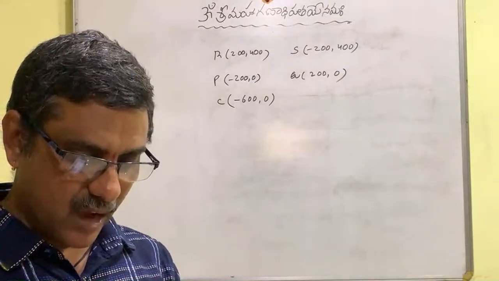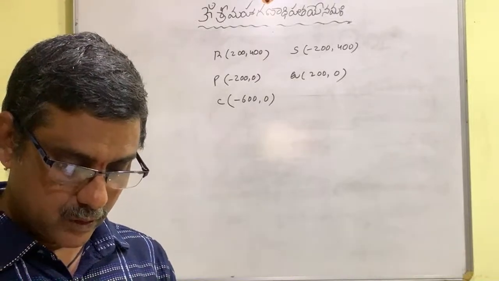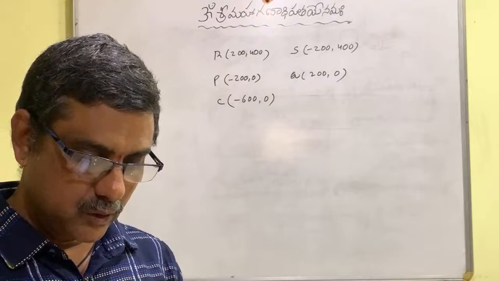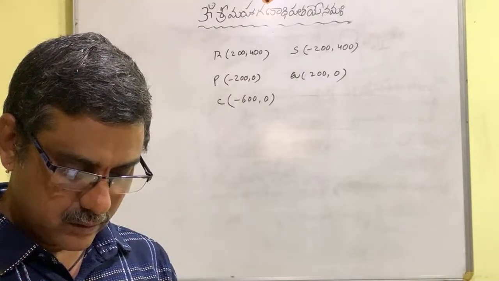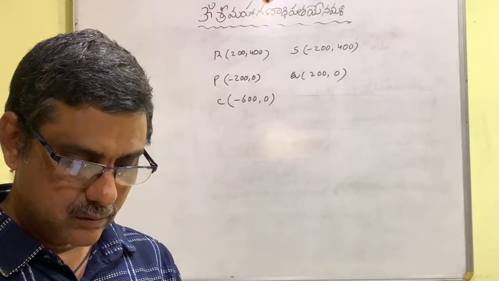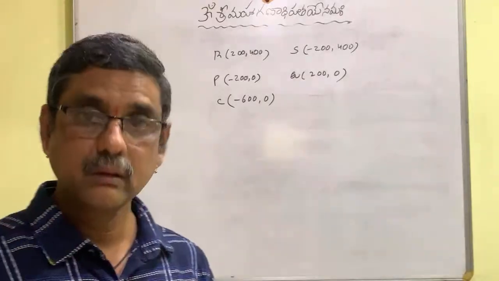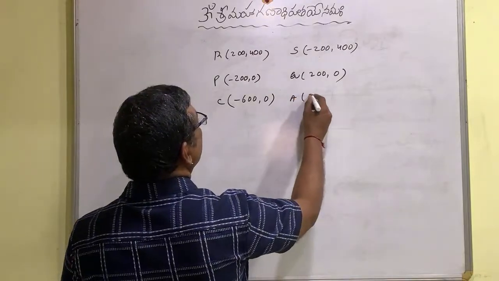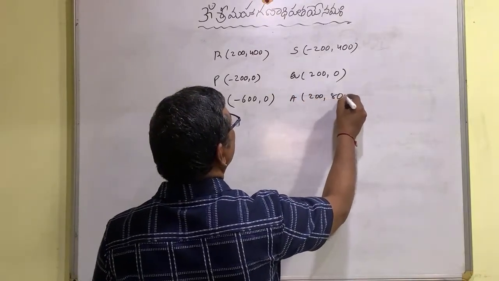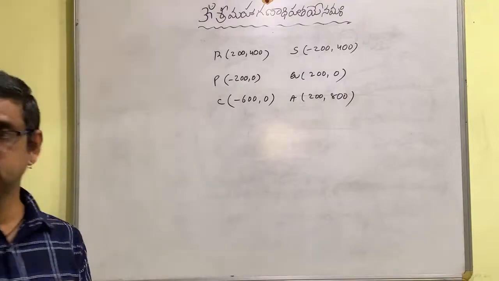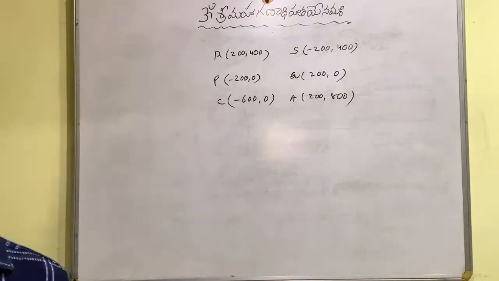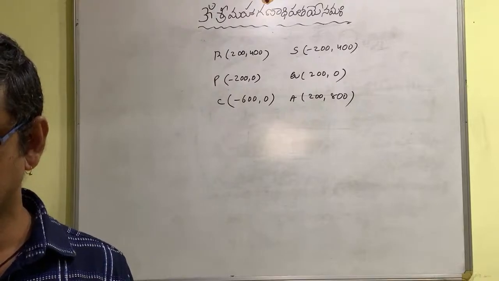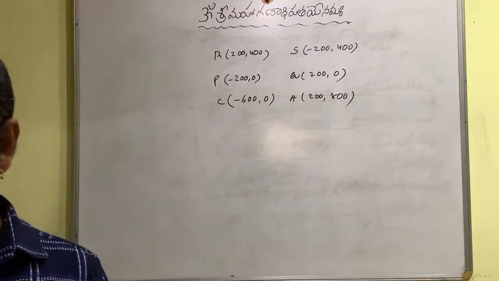And coordinates of A. 200 comma 800. Okay.